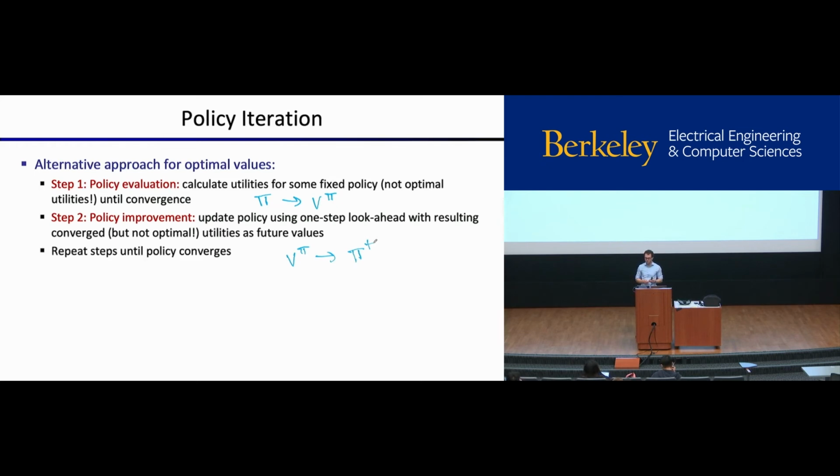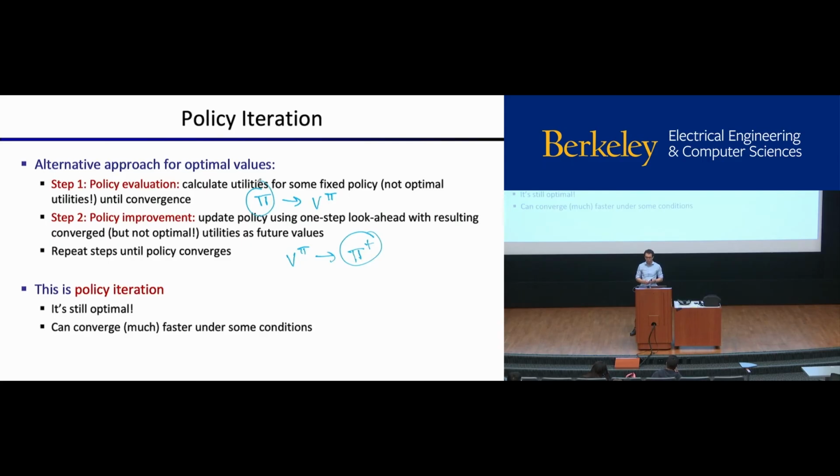At some point, the policy improvement will give us pi plus equal to pi, and then we can stop. So if this process doesn't change the policy, we're done. We can just return that policy, and now we haven't even needed to wait for the value function to converge. We can stop early. Okay, this is called policy iteration. It's still optimal, and it can actually converge much faster.